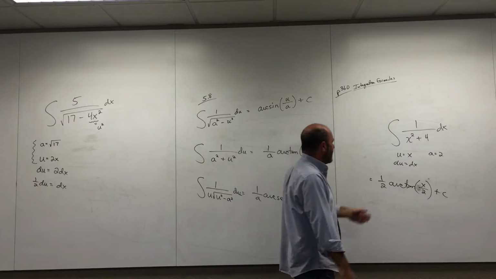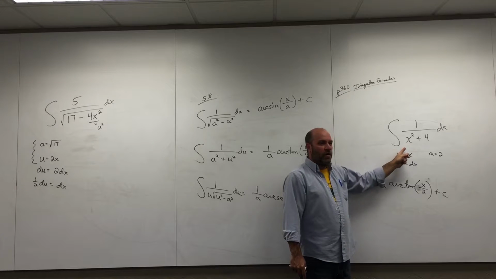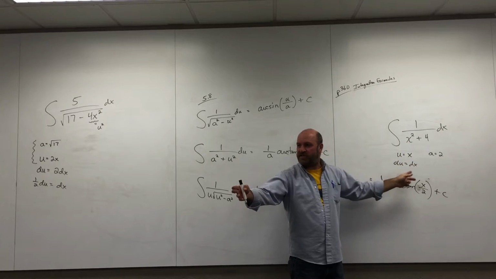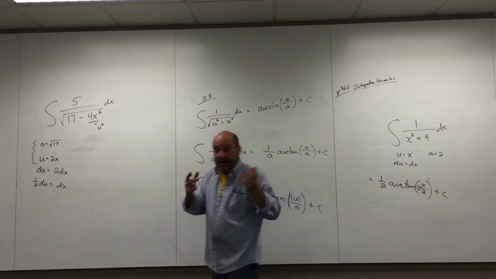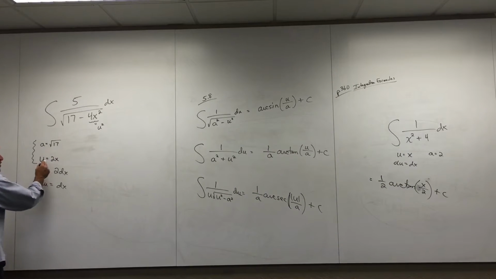How come this didn't spit out anything? Because u was just an x and du was just a dx. It was very boring. This one's still kind of boring, but u is a 2x, so it spit out a 1/2.